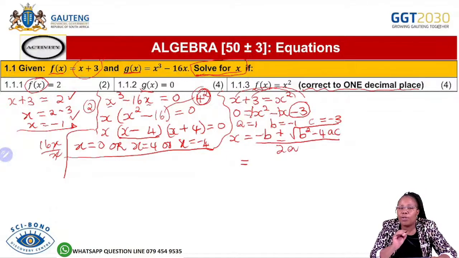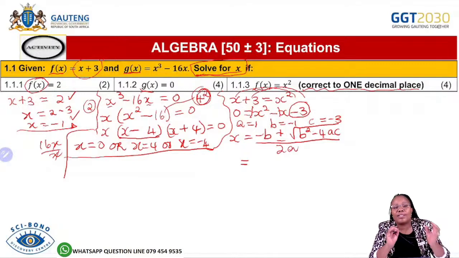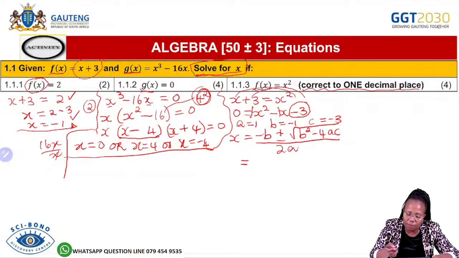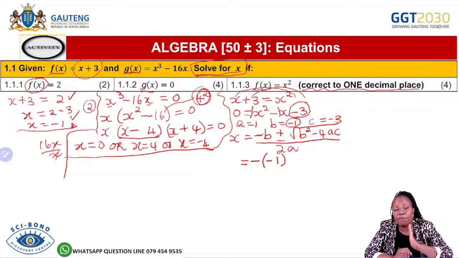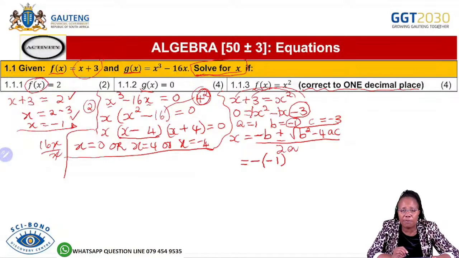Now I am not simplifying anything. I am just removing an a, putting an a value, b value, and c, and so forth. So now we are having a negative here from the formula. There we are. And then now bracket for substituting the b value. So this b value comes with a negative. That means we'll be having another negative for b. Be careful, grade 12. It's the negative from the formula and the negative from the b value now.